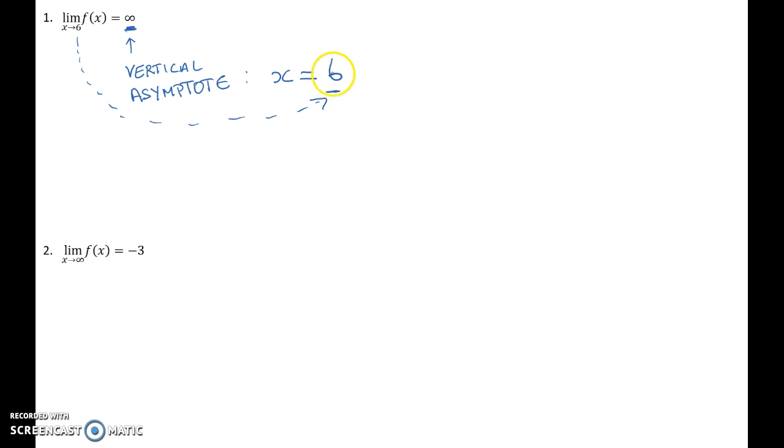So when you see an infinity at the end of a limit statement like this, you know that you're talking about a vertical asymptote, and the equation of the vertical asymptote is simply given by what comes under the word lim. If you wanted an idea of what that would look like, the graph of that function would possibly look something like this.